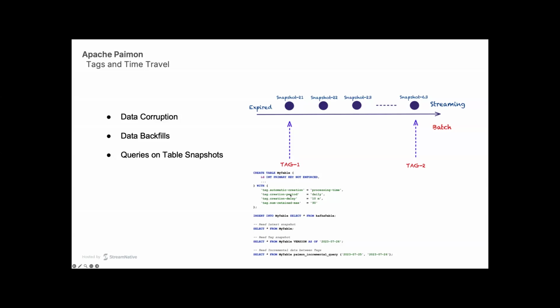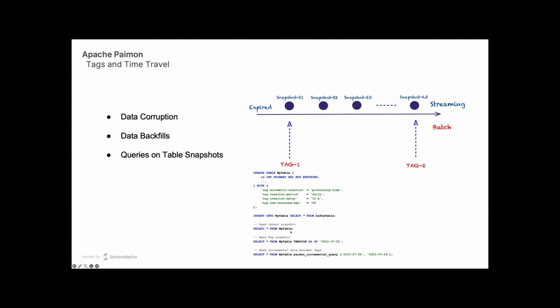So what Paimon will do is once it's storing the data, it's creating these tags every single day. It's leaving these tags in your storage. The benefit of it is that I can at any time query any specific tag, which means I can basically query my table snapshot at any specific point in time. For example, if I want to read the latest snapshot, the last one, I can write like let's start from this table.